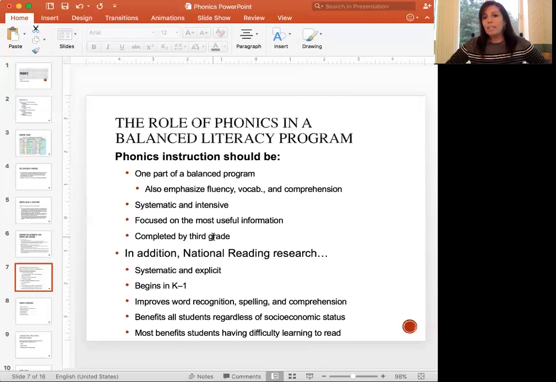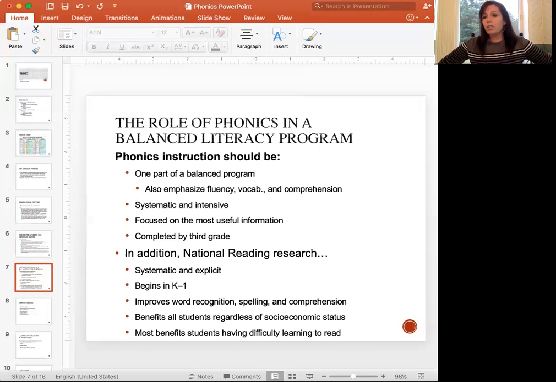And in addition to what our textbook says, the National Reading Research also completed some intensive research and found that not only, like the book, systematic and explicit, beginning in kindergarten and first grade, but increased phonics knowledge improves word recognition, spelling, and comprehension, like we talked about earlier.